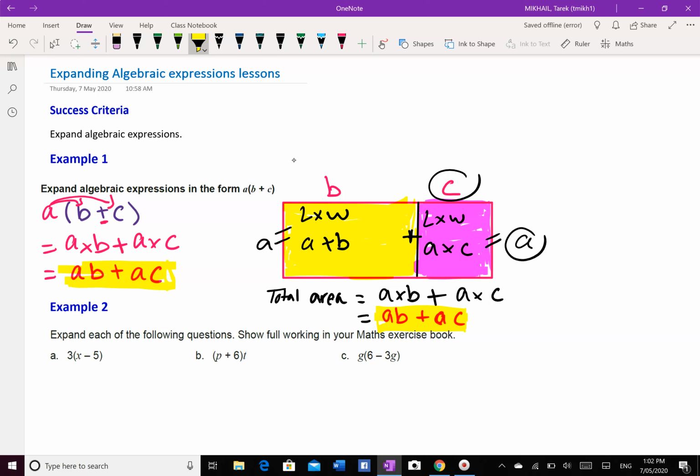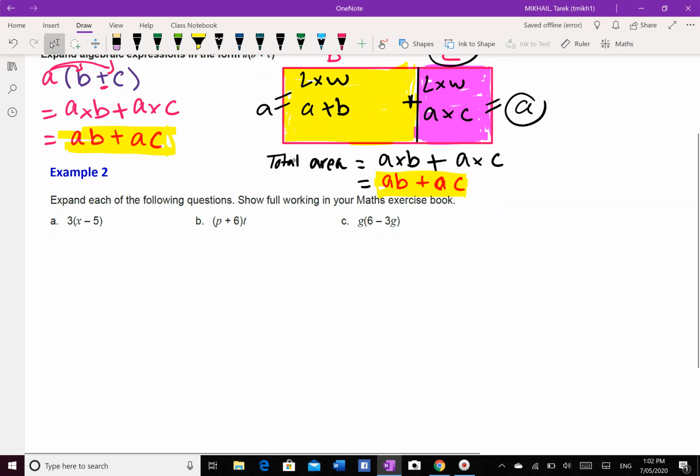Okay, so I will do example 2, but I will do B first, and then you need to do the rest by yourself, and then I will do it later, and then you check your answer. So B is t and p plus 6.